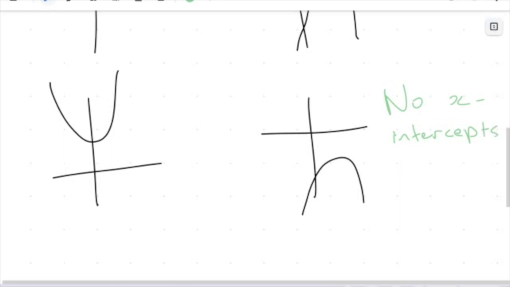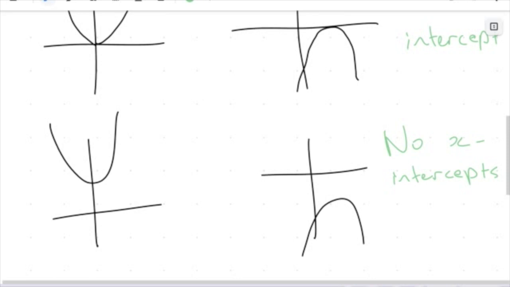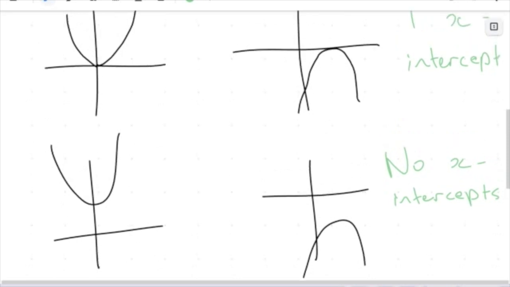So we didn't really talk about this too much, but the number of x-intercepts we have on our graphs really depend on the equation and what the parabola equation is actually doing. And oftentimes, when we want to make a really nice, detailed sketch, we need information about not only the y-intercept or the turning point like we did in the previous video, we also need information about the x-intercepts.